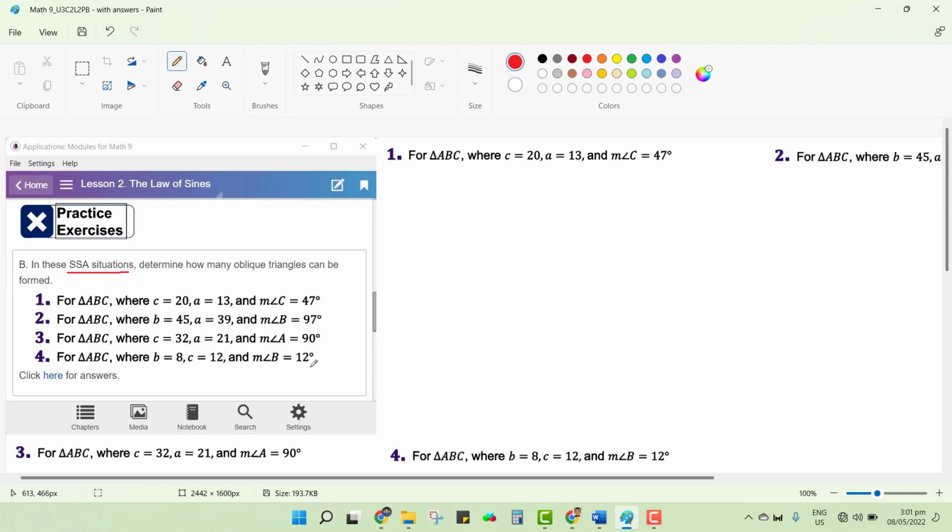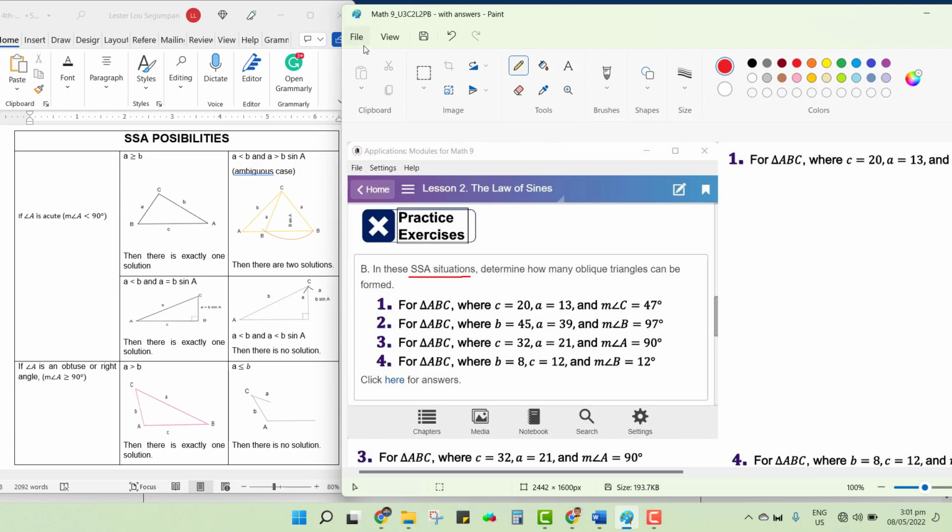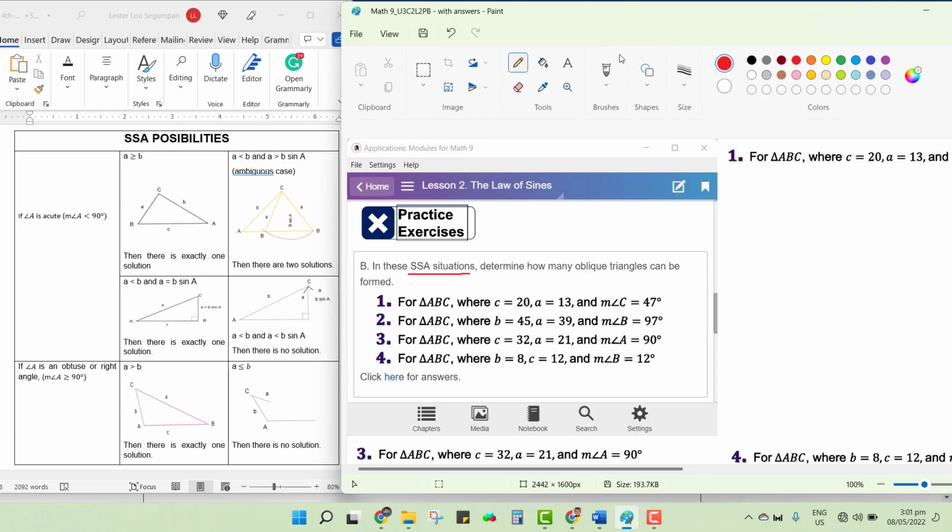And of course, do not forget that the notations used here, when we use lowercase letters, those are actually the side directly opposite the given angle here. The remaining would be the side that is either on the left or the right side of the angle. If I'm going to minimize this, I have here a list of conditions. I'm just going to give this to you directly.